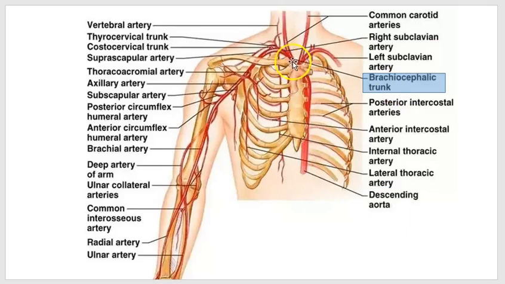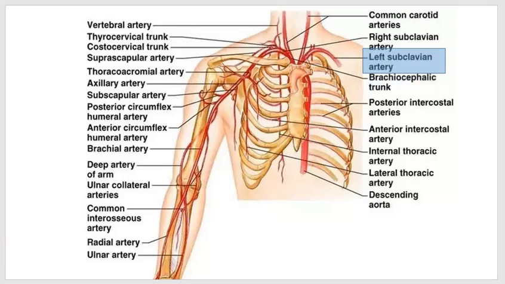So this first branch off of the aortic arch is your brachiocephalic trunk. Break those two words down. What does that mean? Brachio is talking about the arm, and cephalic is talking about the head. And so this trunk actually sends blood to the arm and the head.